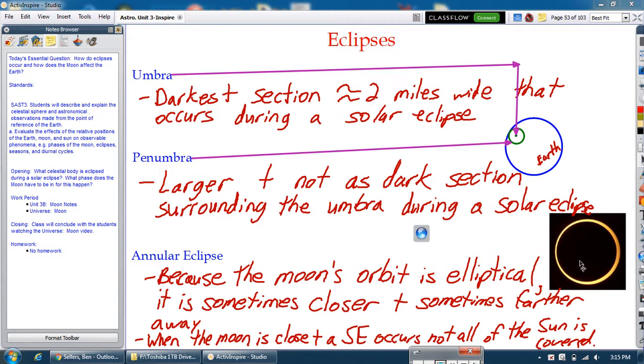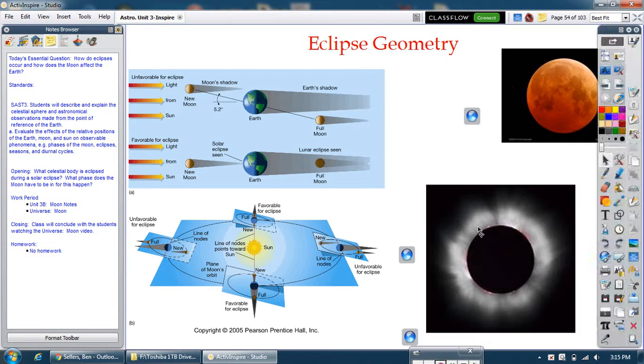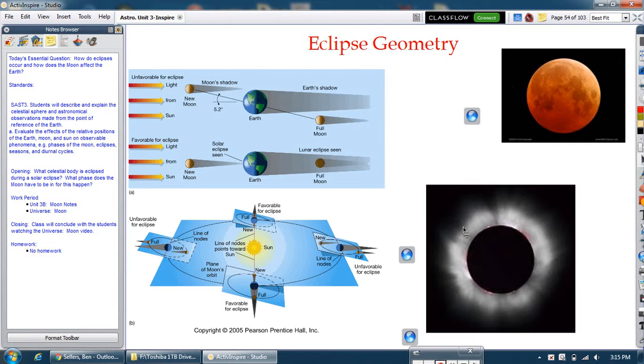But because it does cover almost the entire surface, we've given it its own name, known as the annular eclipse. I mentioned this a minute ago about the eclipse geometry and why that doesn't always align.